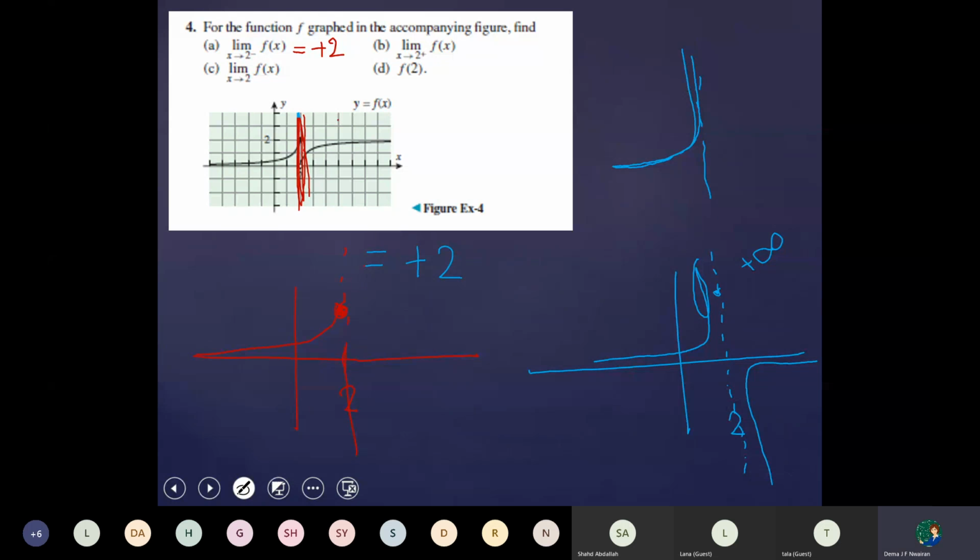Now, look at the 2 from the right. It's like this. So, the limit of 2 from the right.